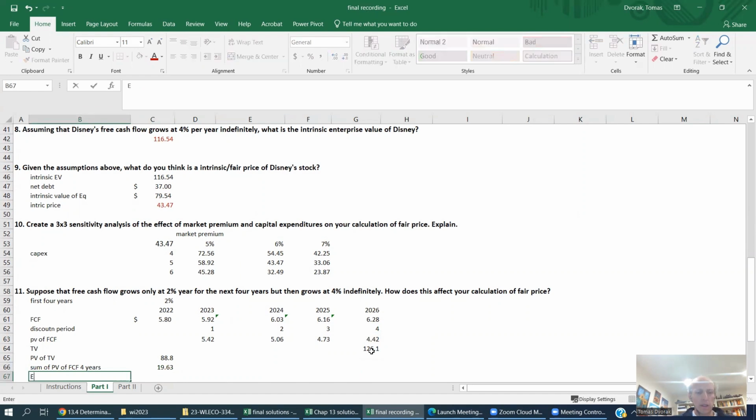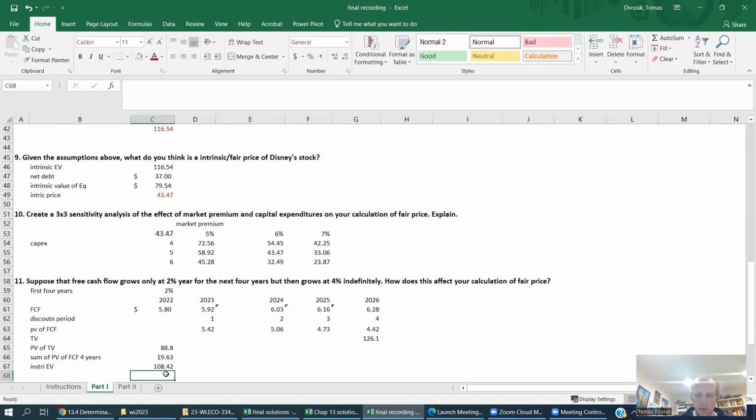So I'll have EV, intrinsic EV. I'll just do alt equal now. So fine, I'll do this. I'll do equal of this number plus this number, right? The terminal value plus the first 4 years, present value of the free cash flow in the first 4 years.